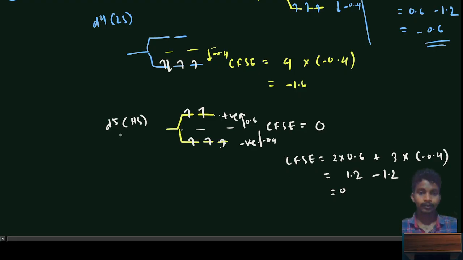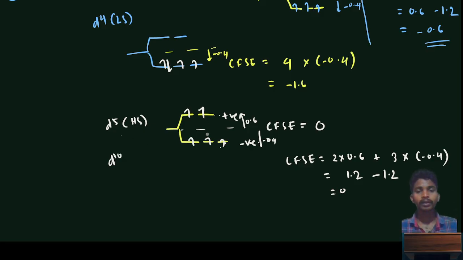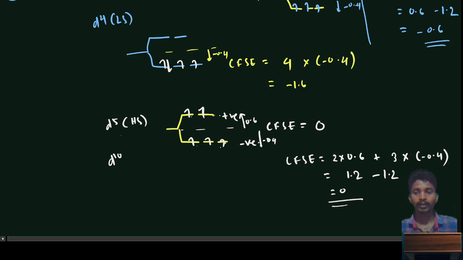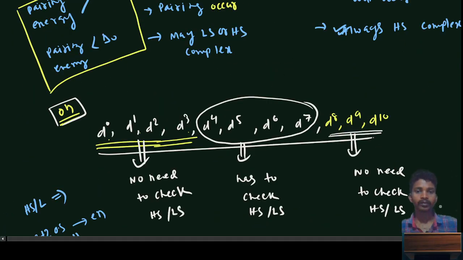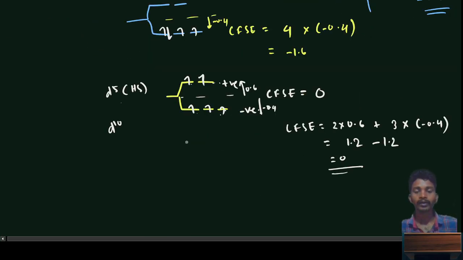So like d5 and d10, where all are filled, it has to be 0, because it is equally redistributed. In this case we can check that for d8, d9 and d10, high spin and low spin are not applicable. Why?